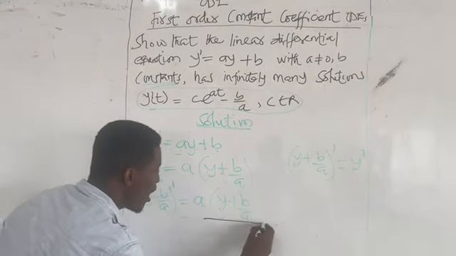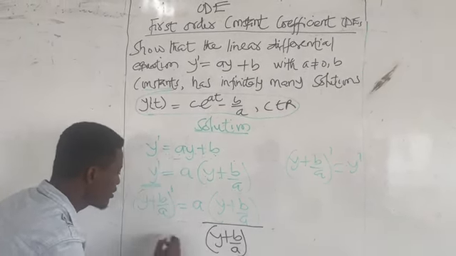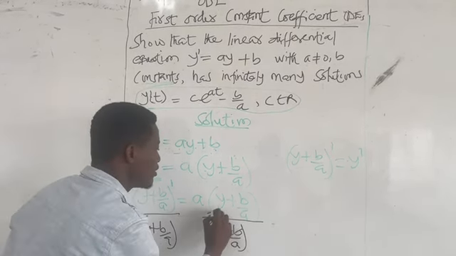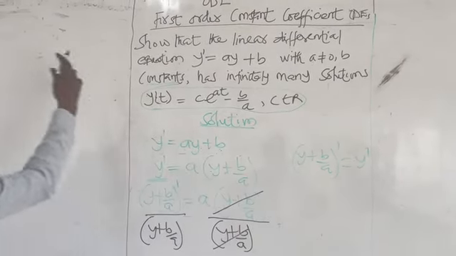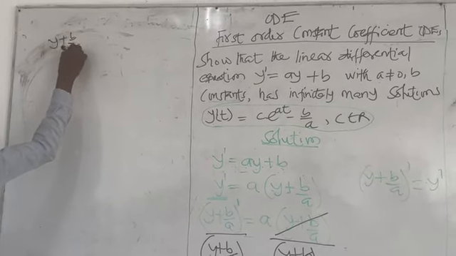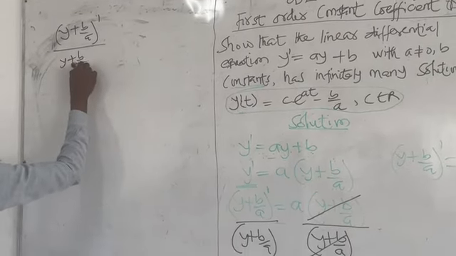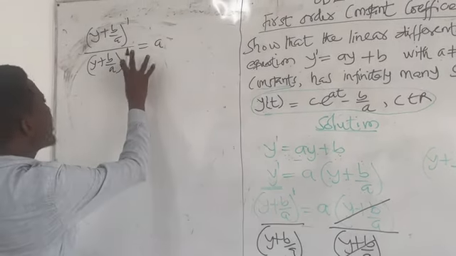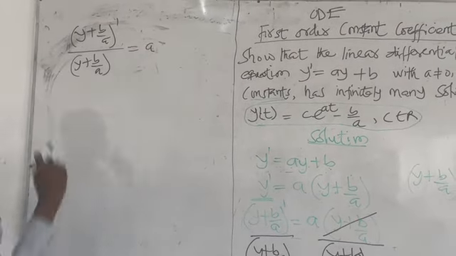So here I want to divide through by y plus b over a, so that this one will cancel this one, leaving y plus b over a derivative over y plus b over a is equal to a.